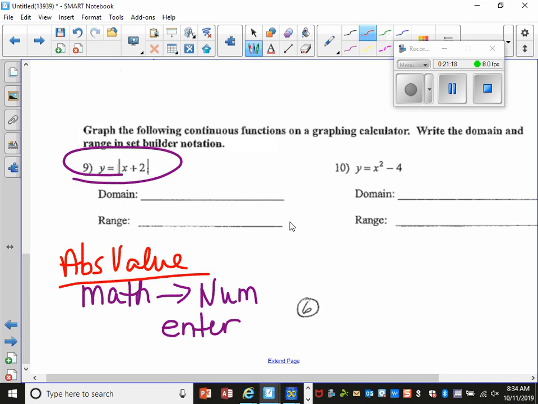So all you're doing then is simply looking at your calculator. They didn't put the graph up here for you, but they did give you the equation of the graph. It should be a V-shaped graph when you graphed it. How many people graphed this and got a V-shaped curve? Very good. So it should look like this on your calculator. For your domain, your x values, you should have x such that x is an element of all real numbers.